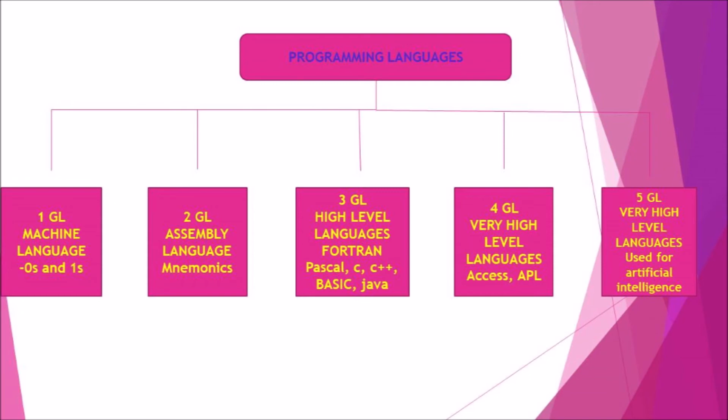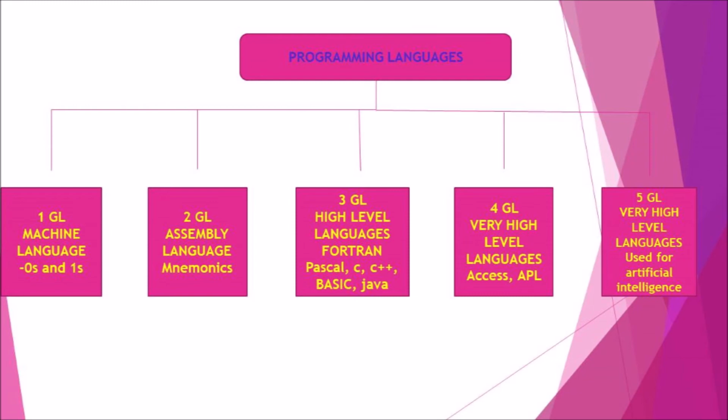And in the third generation language, that is high level language, they have developed certain languages which both the user and the computer can easily understand, named Fortran, Pascal, C++, Basic and Java. All these languages come under the high level languages, where the user and also the computer can understand easily.